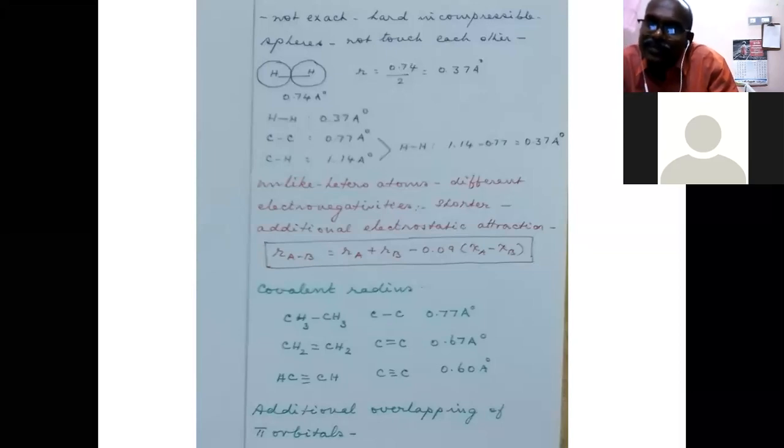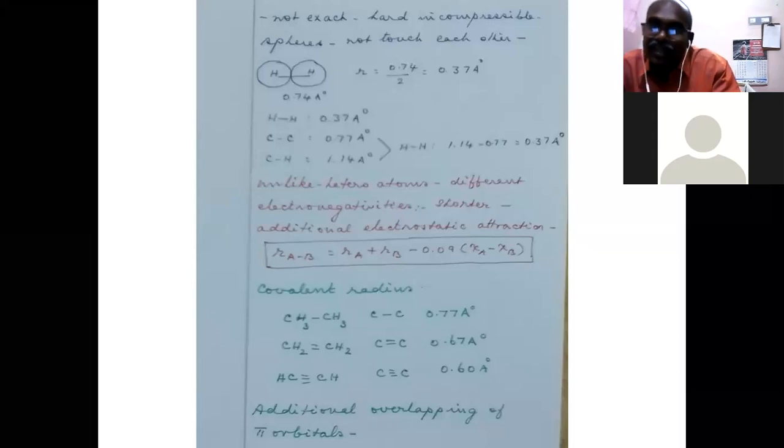If you take ethane, the C-C covalent radius is 0.77. In the case of C double bond C, it is 0.67. In the case of carbon triple bond carbon, it is 0.60. Therefore, when more and more unsaturation is seen, the covalent radius goes on decreasing. It is because of the additional overlapping of the pi orbitals.